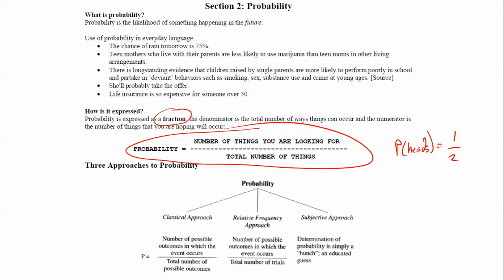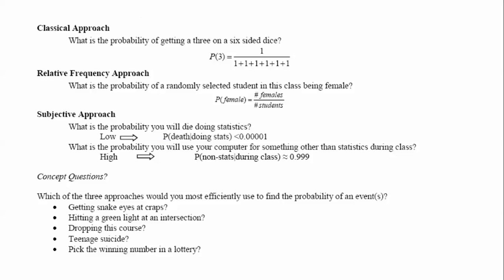Sometimes we can't calculate those things, and so we have to use a relative frequency approach. And then finally, when events are so rare or occur so often, we might use a subjective approach. So let's take a look at those three different ways of approaching probability.